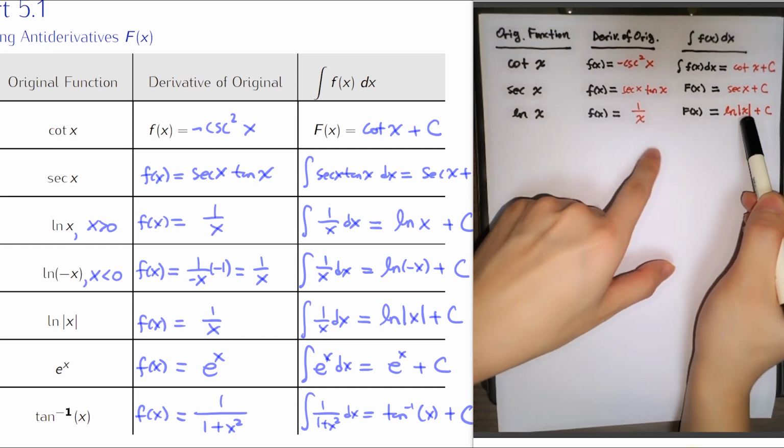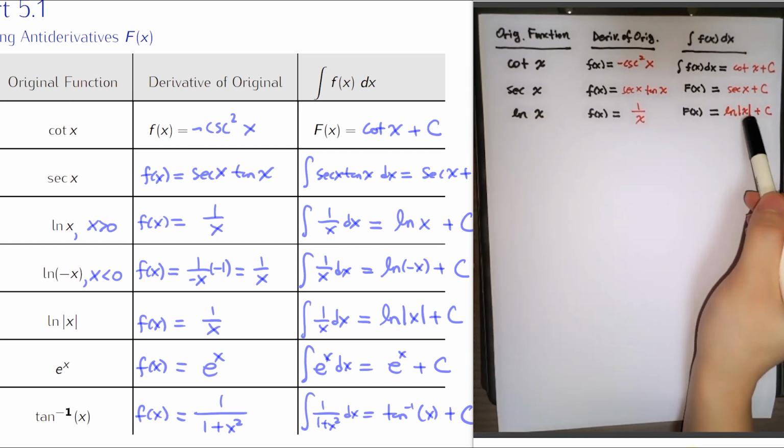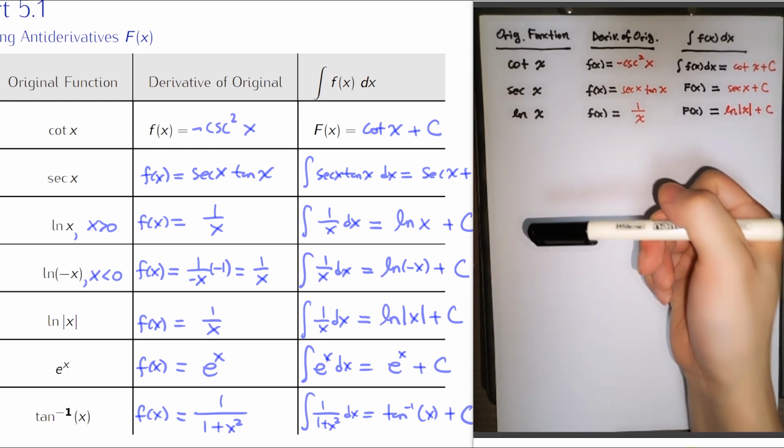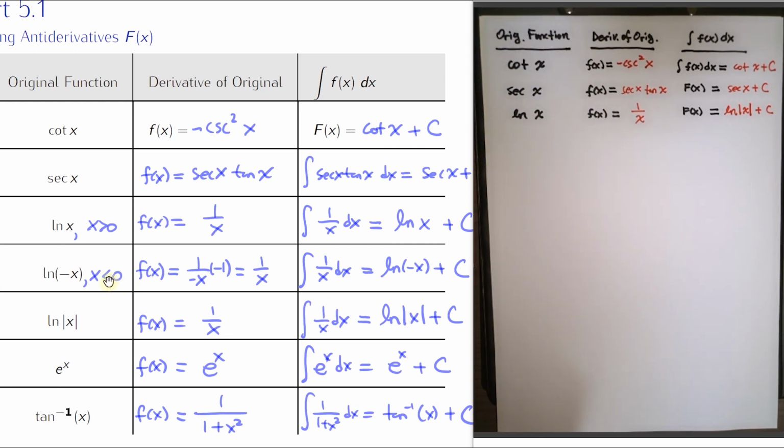For those of you who want to know why this is absolute value of x, I'm going to explain with the left-hand side screen here. Suppose you see the original function, ln of negative x here. Well, of course, in order to make this function well defined, x must be negative so that you have a positive number.